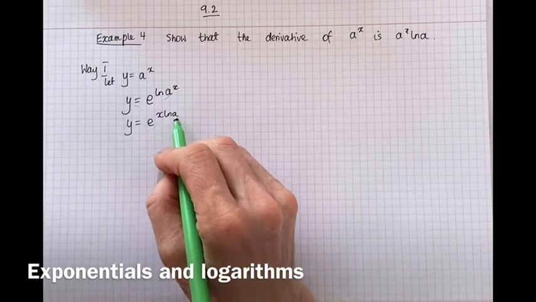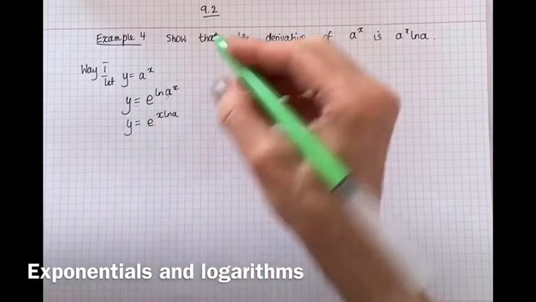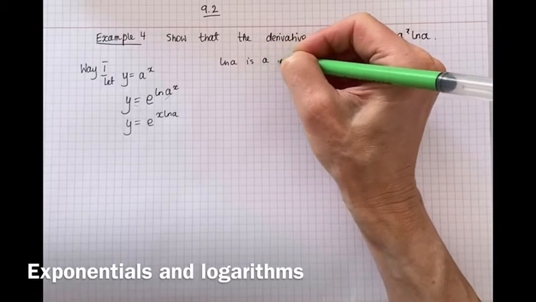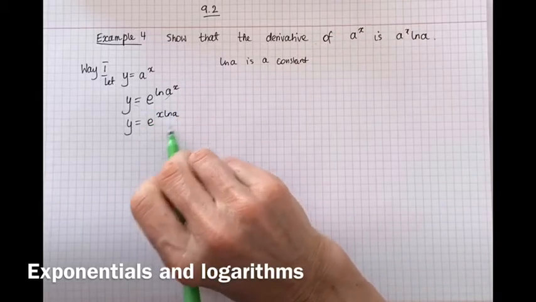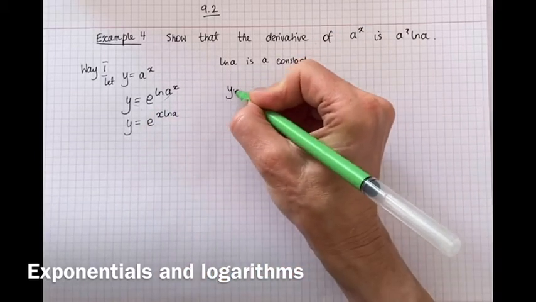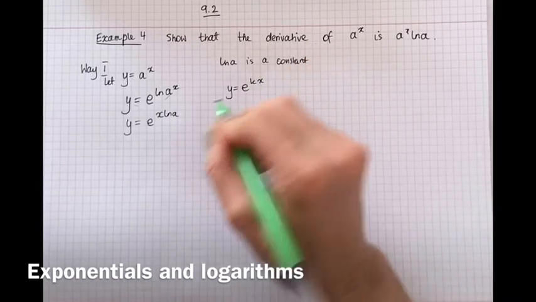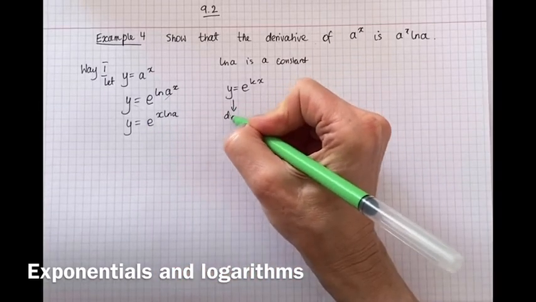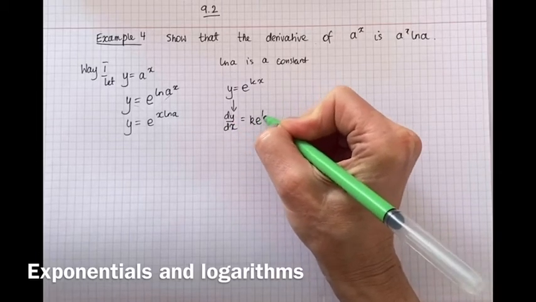Now remember, ln a is just a constant. So this is simply differentiating something like y equals e to the power of kx, if you were to put ln a in front of x, and that differentiates to k e to the power of kx.